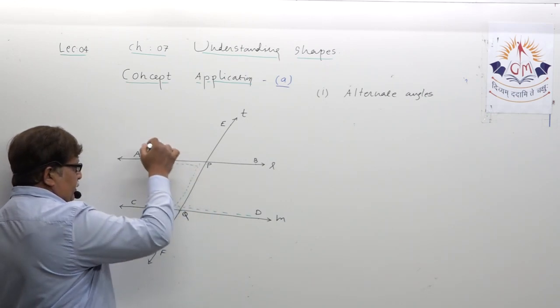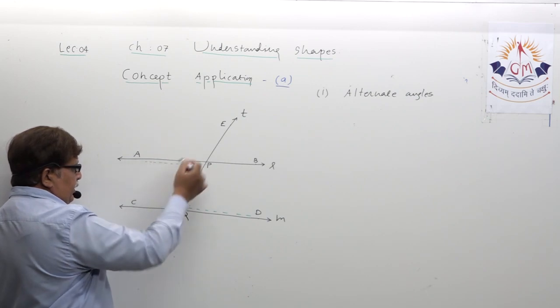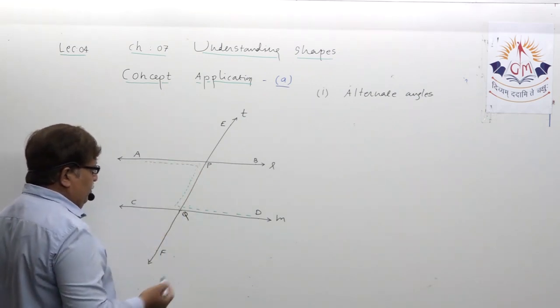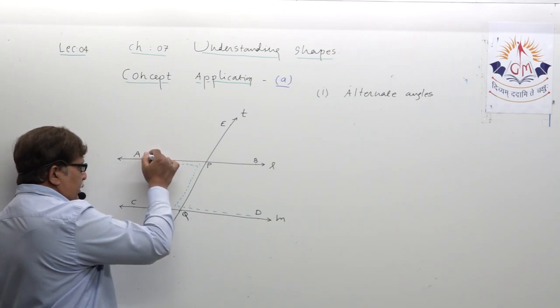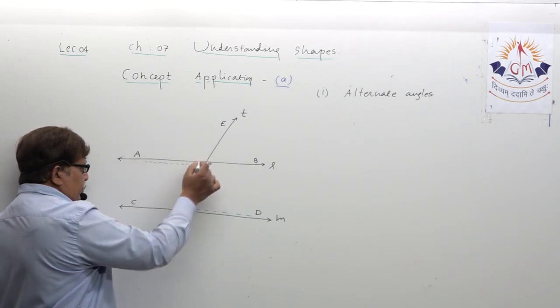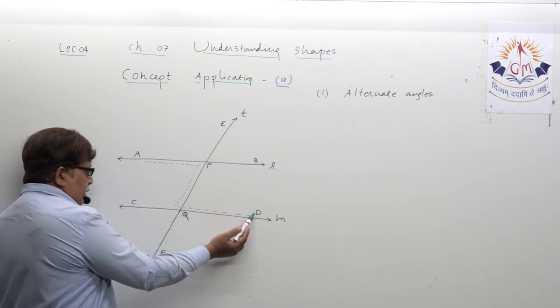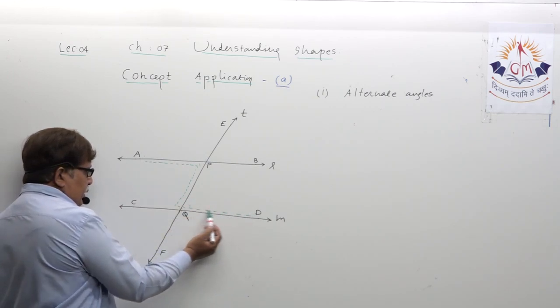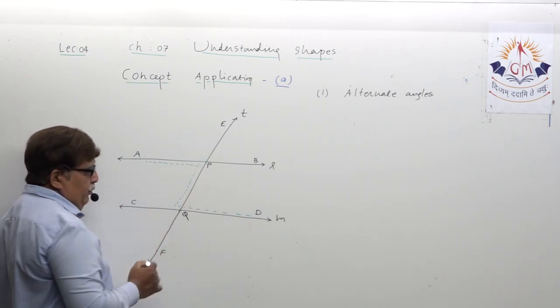When I speak the name of an angle, I roll my pen: angle APQ and angle DQP, Z shape. You understood?